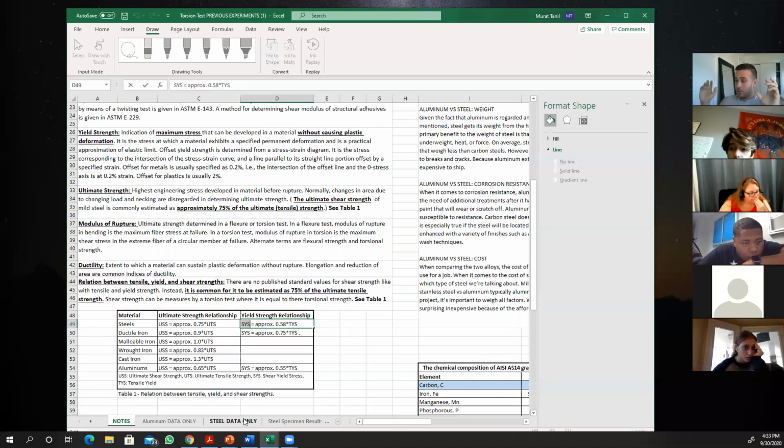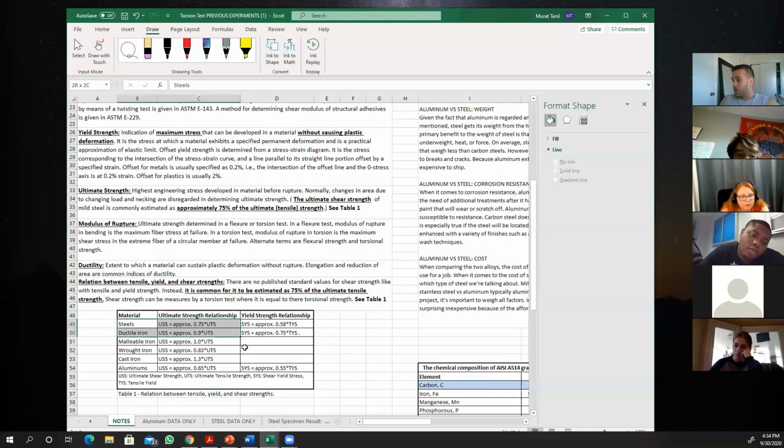Usually in the industry, it is costly to run the torsional experiment, right? What they do, they use the results from the tensile experiment, and then approximate the yield strength for shear. So you can use this table.